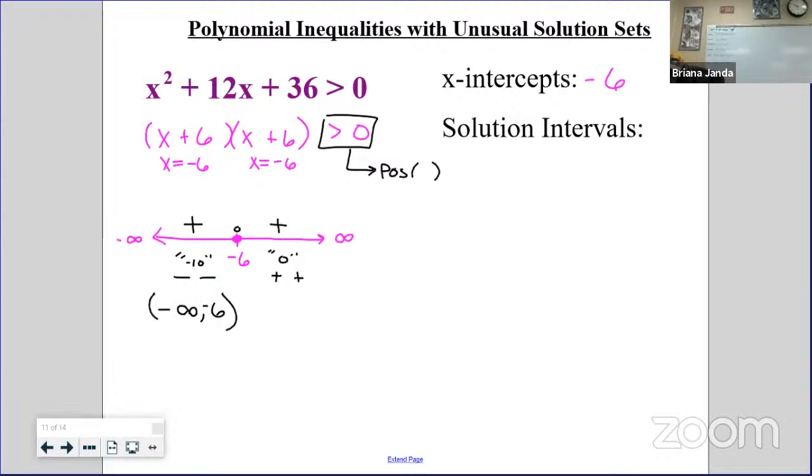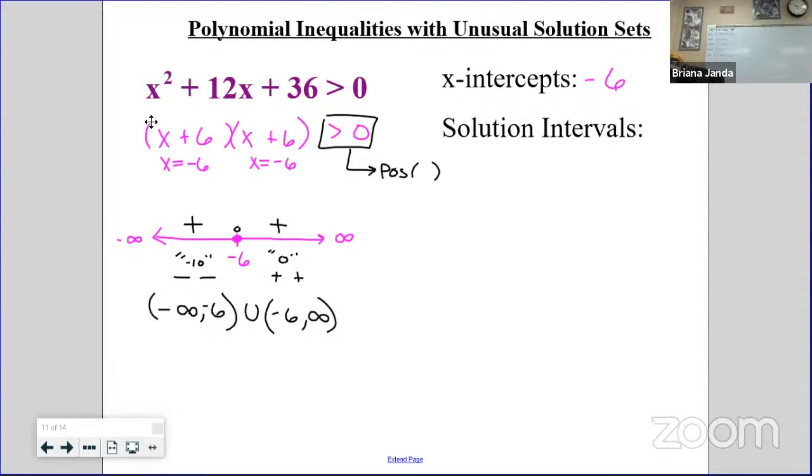Because I am not including the negative 6, we are going to have to break there. I don't get to just keep going because that's 0, and 0 is not greater than 0. We don't get it included. And then we have a second interval that is also positive, and that would be from negative 6 to infinity.